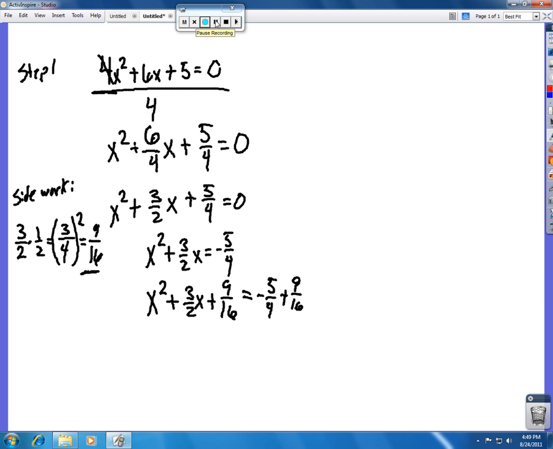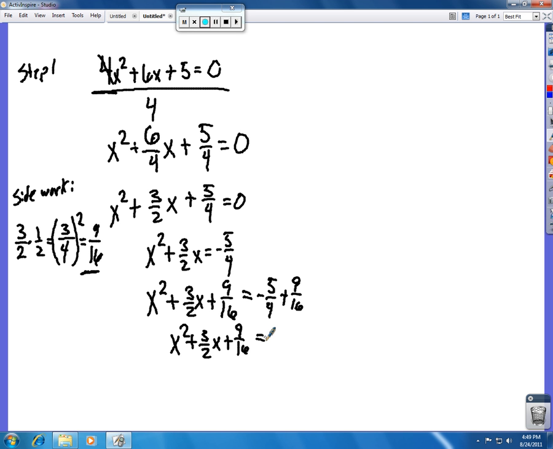And let's go ahead and simplify the right hand side at least. Let's just drop down. So 9/16 minus 5/4, or negative 5/4 plus 9/16. What we need to do here, since we're adding and subtracting fractions, you need to get a common denominator. So notice that the two denominators are 4 and 16.